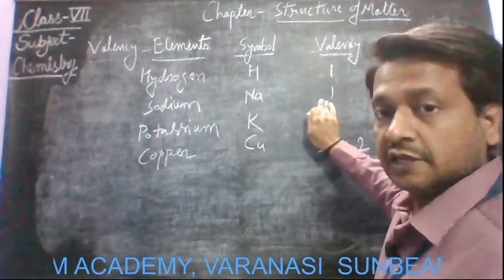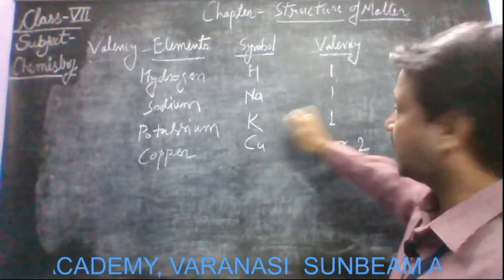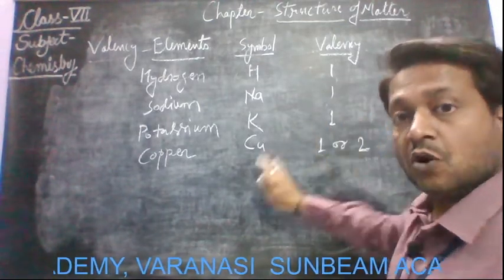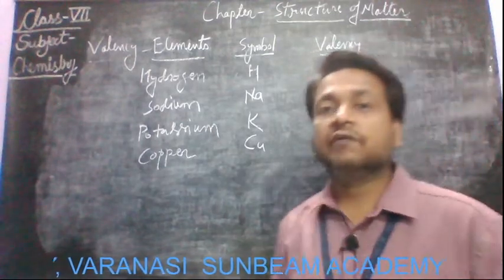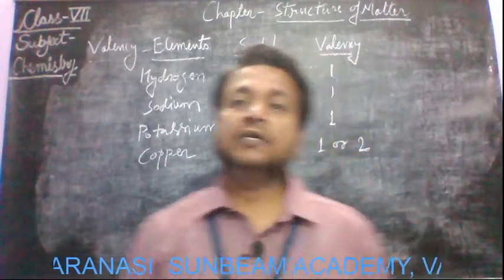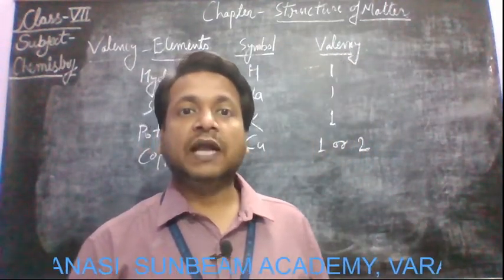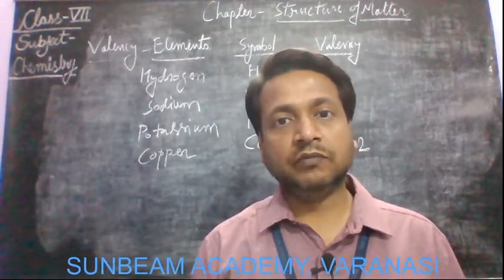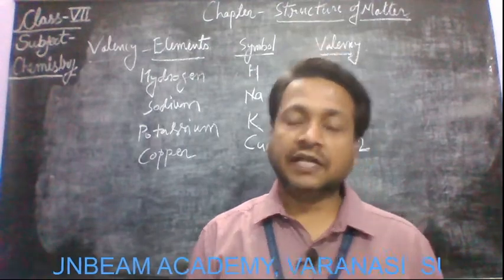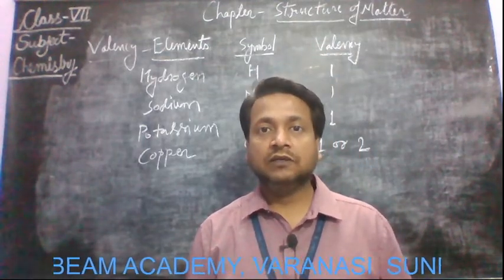Sodium, valency is 1. Potassium, the valency is 1. Copper, its valency is 1 or 2. Sometimes it shows the valency 1 and sometimes it shows the valency 2. That is why copper is found in two different forms: the first form whose valency is 1 and the second form whose valency is 2.